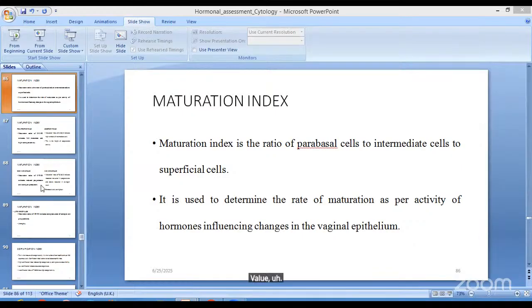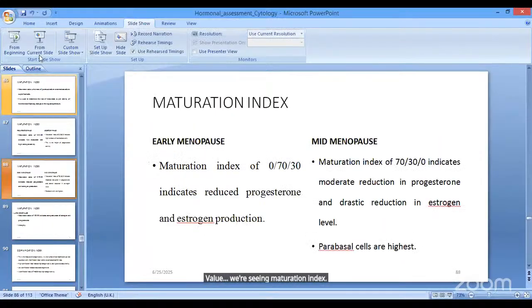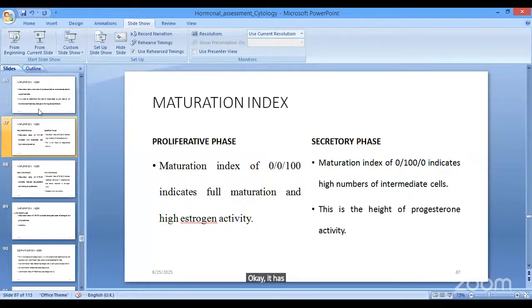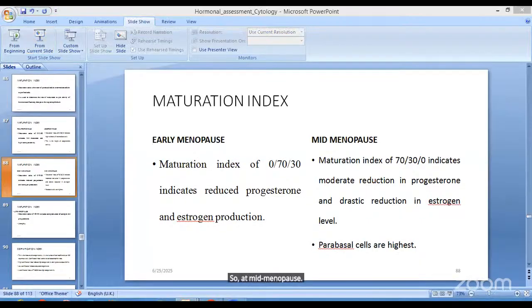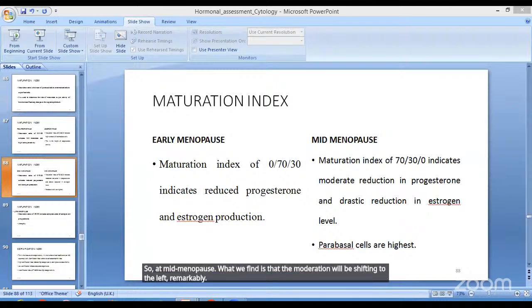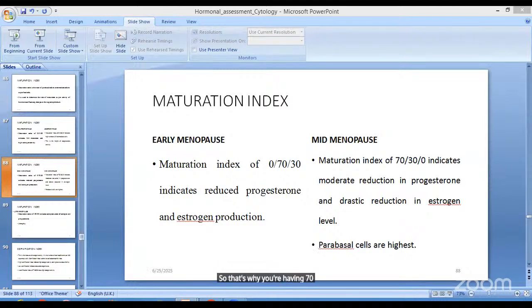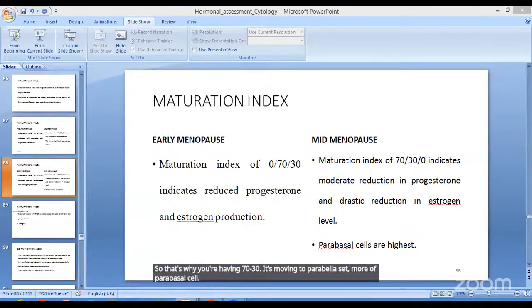Maturation index. Okay, it has changed. Yes, sir. So at mid-menopause, what you find is that the maturation index will be shifting to the left remarkably. So that's why you're having 70-30. It's moving to parabasal cells, more of parabasal cells and less of intermediate cells.